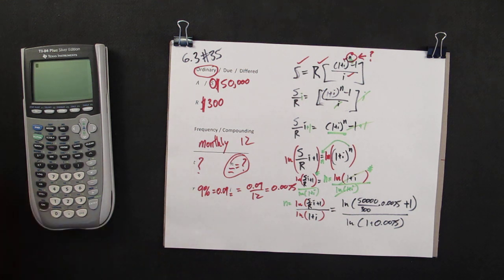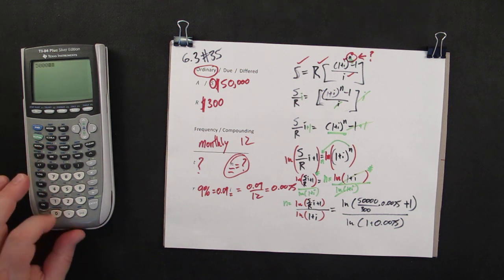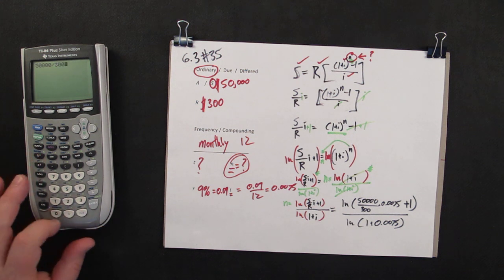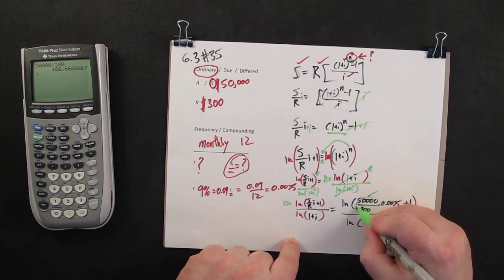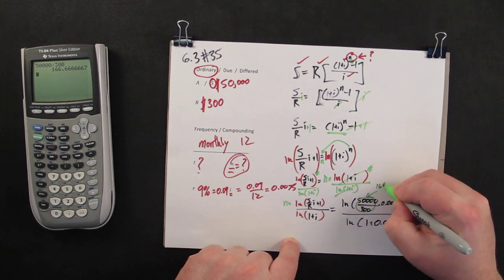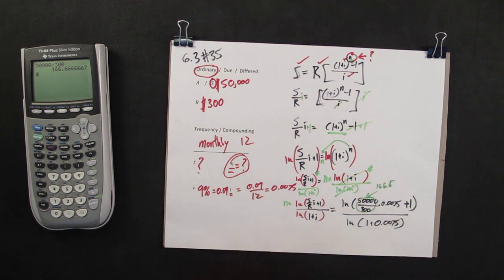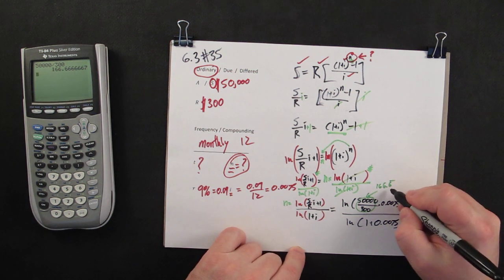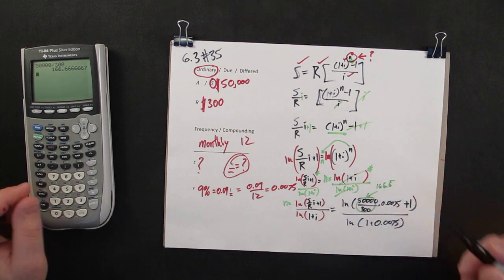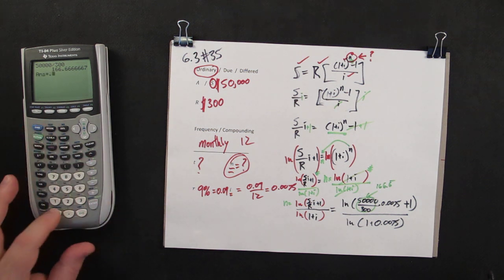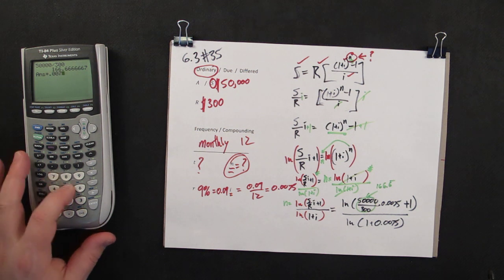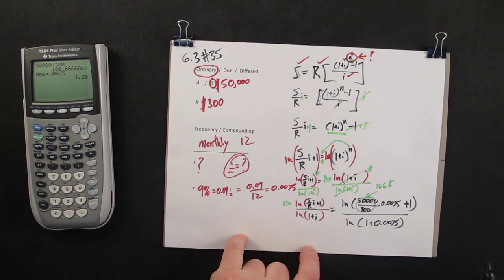50,000 divided by 300 is 166.66 repeating. Again, you want to keep all the decimal points internally here. Then when you multiply 166.66 repeating times the interest rate, you get 1.25.